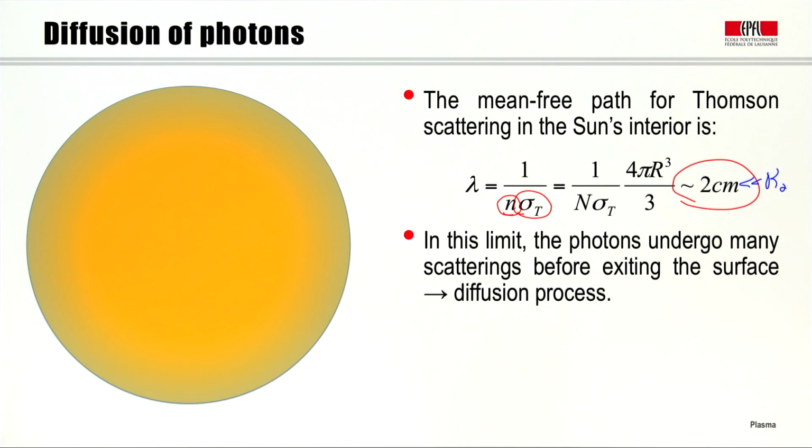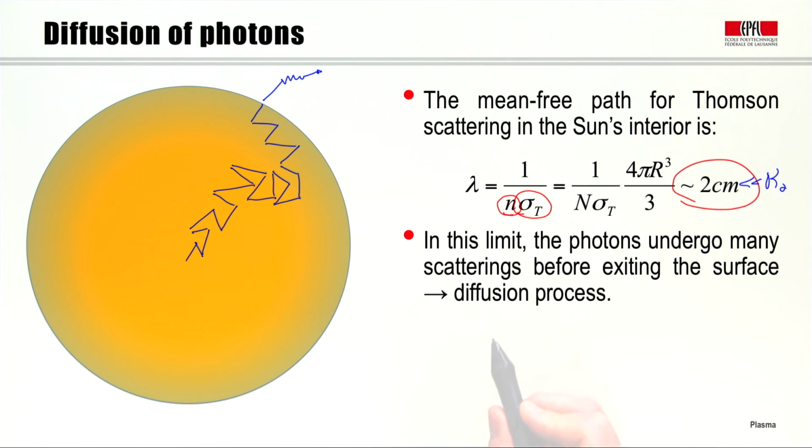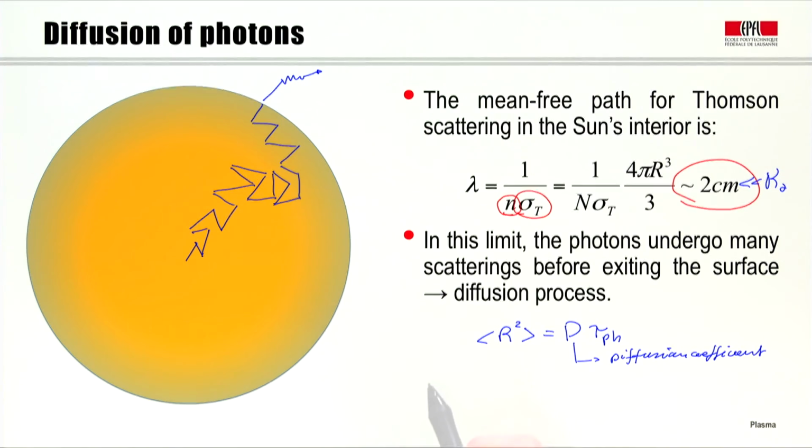And in this limit, the photons undergo many scatterings before exiting the surface. We can represent this process as a diffusion process. The spreading of an ensemble of photons that undergo a diffusion process can be represented in the following way, where D is a diffusion coefficient. The diffusion coefficient can be computed as the ratio of the mean free path between two collisions divided by the effective time between these two collisions.